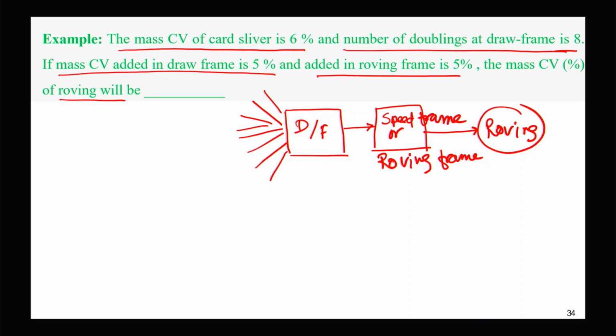So 8 card slivers are fed, where each card sliver has a CV of 6%. The next condition is that the draw frame adds a CV of 5% and the speed frame adds a CV of again 5%.